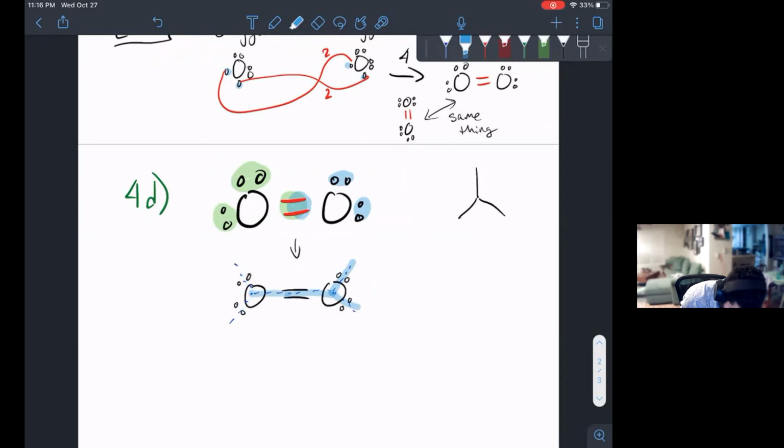Drew a little too far on that one. And that keeps all our electrons as far away as possible. And the reason for this is electrons repel each other.